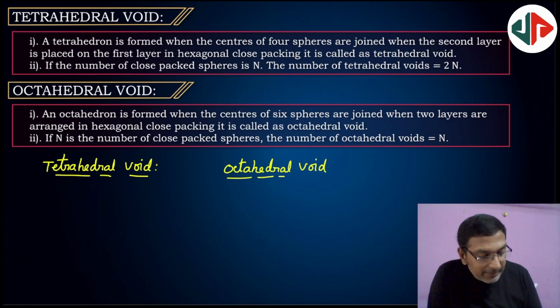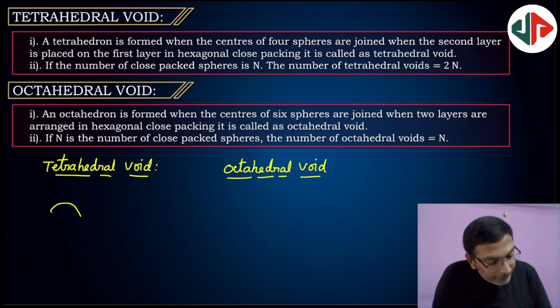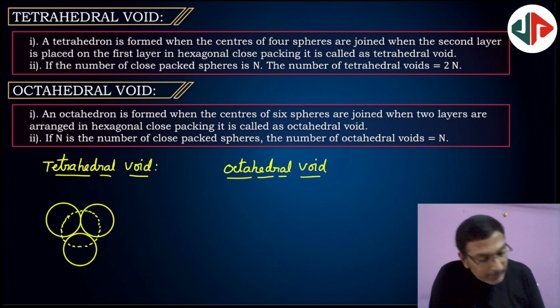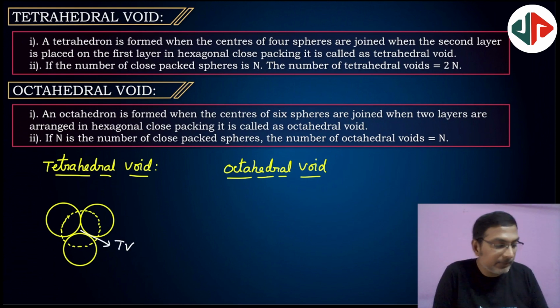Here void means nothing but empty space. It is formed by placing 3 spheres in one layer and a fourth sphere above the 3 spheres in the next layer like this. So this is tetrahedral void. This gap will be tetrahedral void. So it is formed by 4 atoms.